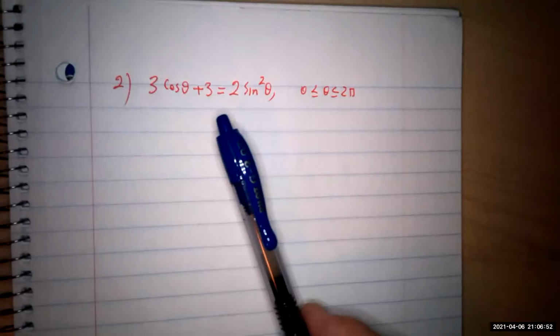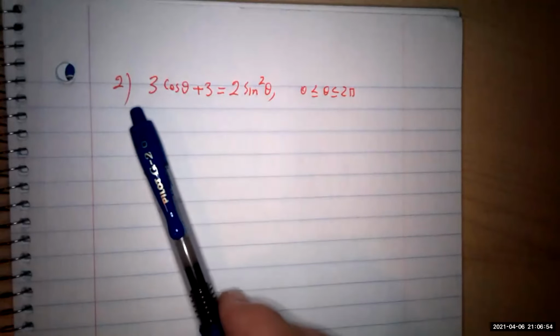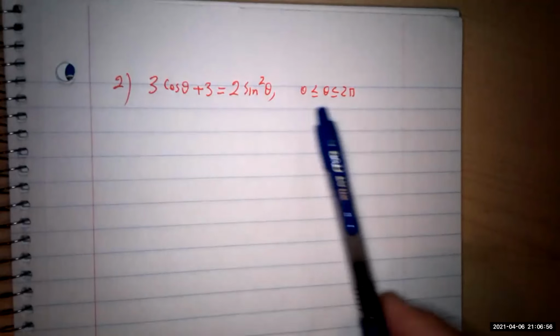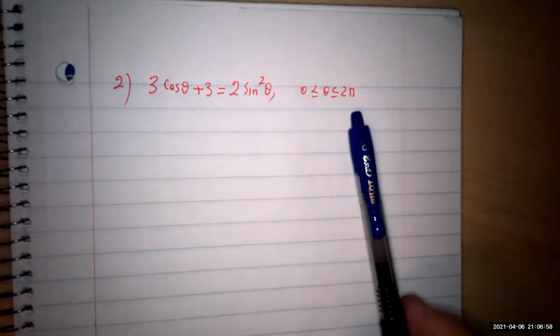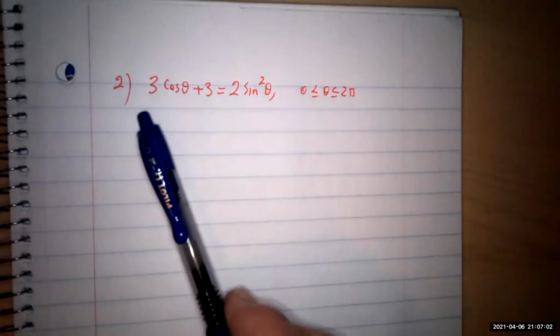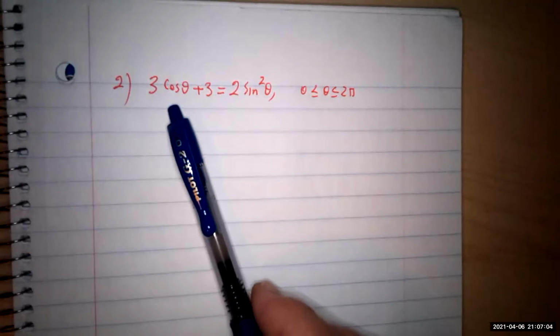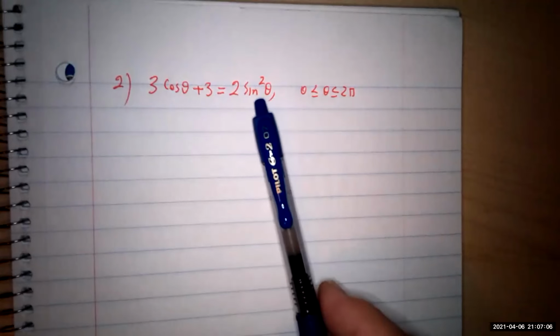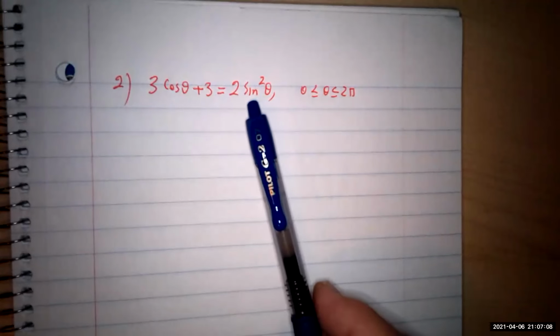You can't do it that way. You have to have either all cosine or all sine, so you try to change one of them to the other one. We cannot change the cosine into the sine, but we can change the sine. That's easier. You have a sine squared.